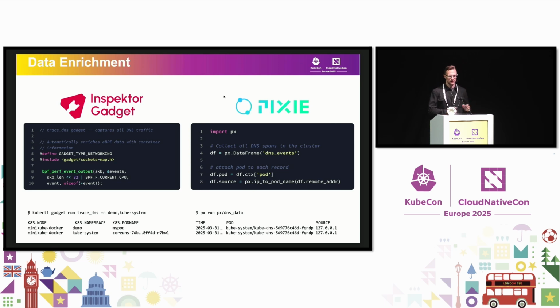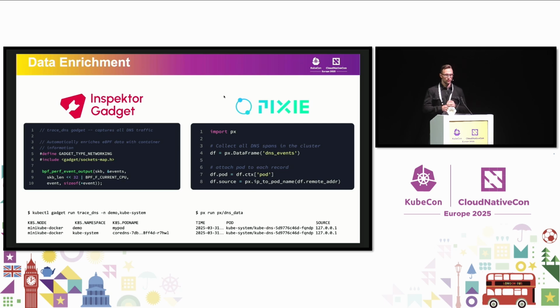On the left-hand side here, we are looking at the trace DNS gadget, which shows you all of your DNS traffic. Now, it's worth mentioning, unless you're really interested in peeking behind the curtain or really tuning and writing these eBPF tools, you don't have to go this deep to use these, but we're going to find out what their special sauce is.